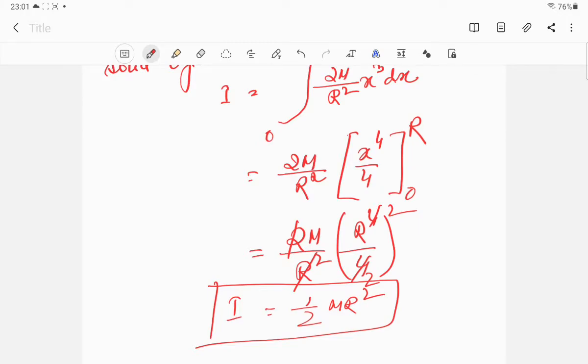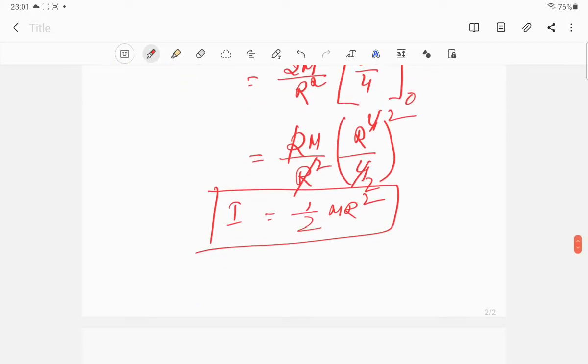Okay, so similarly we can also find out the moment of inertia of this solid cylinder about an axis passing through its center and perpendicular to the axis of symmetry. So for that we need to take the help of different theorems for moment of inertia. So let us consider the case B for that. So what is the case B?